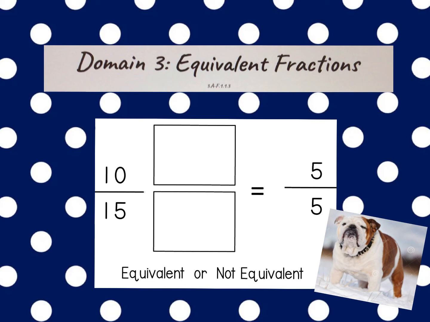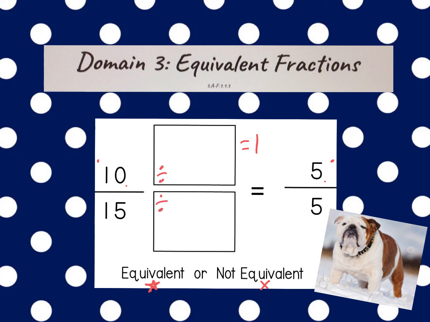Sometimes the numbers of the fractions are bigger here, and we're simplifying it into a smaller fraction here, and we're trying to see if they're also equivalent, okay? And so what you can do is take those numbers, 10/15, and try to get it down to 5/5, and you're going to see, are they equivalent or not? If what you're dividing it by equals 1, then it will be equivalent. If it's not, it will not be equivalent. So when the numbers are bigger, like 10 compared to 5, we have to divide to figure that out.